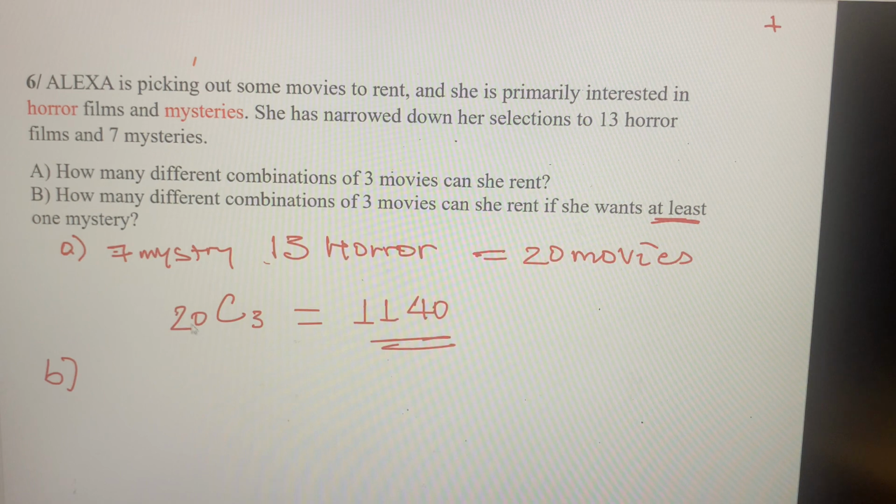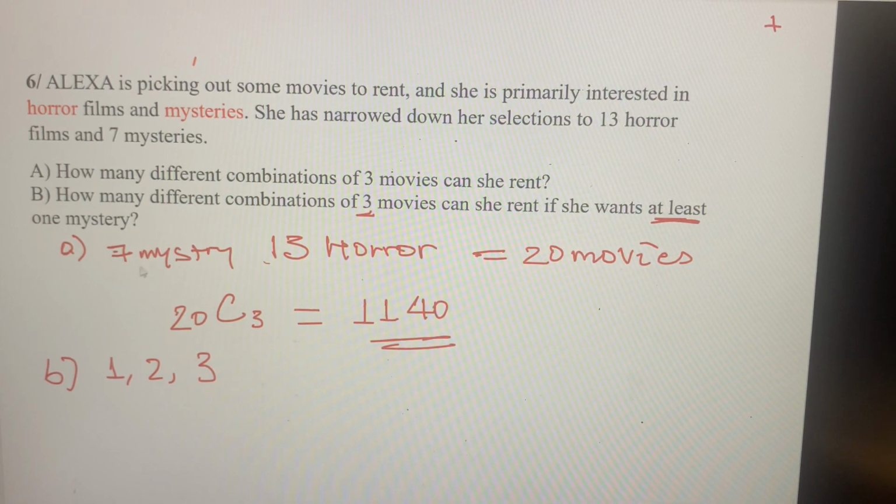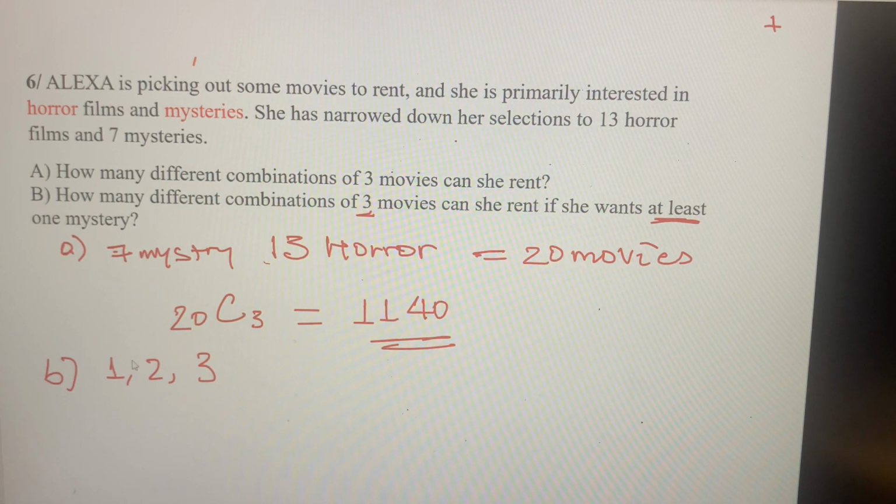She can rent 3 movies in total, so at least one mystery movie means she can rent 1, 2, or 3 out of the 7 mystery movies.